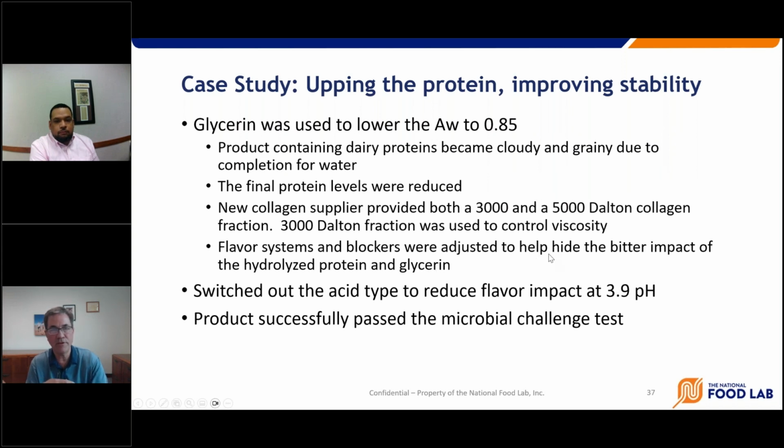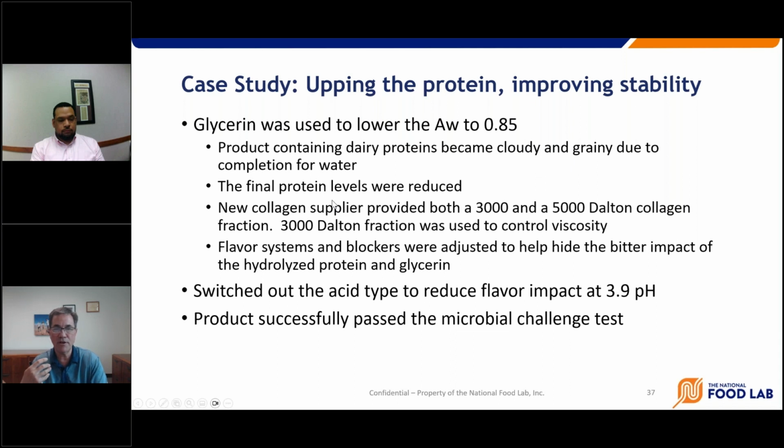So the final solution, right? Obviously, we're looking at lowering the water activity. The one with dairy proteins became cloudy, right? Competition for water. You can get basically dehydration of the proteins as the glycerin will draw it out of the protein. We weren't able to get all the way to 17 grams with the products they wanted to use, right?